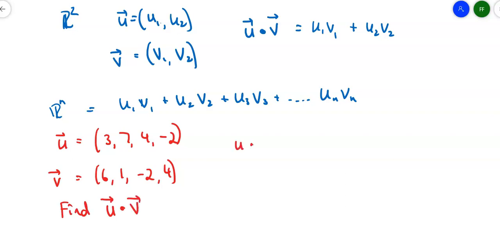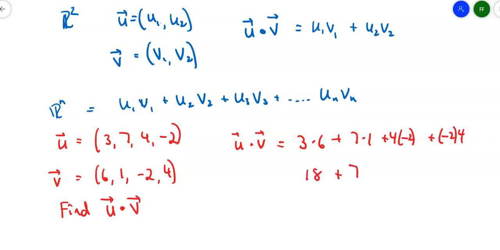So what do I do? I take 3 times 6 plus 7 times 1 plus 4 times negative 2 plus negative 2 times 4. So 3 times 6 is 18, 7 times 1 is 7, minus 8 again.